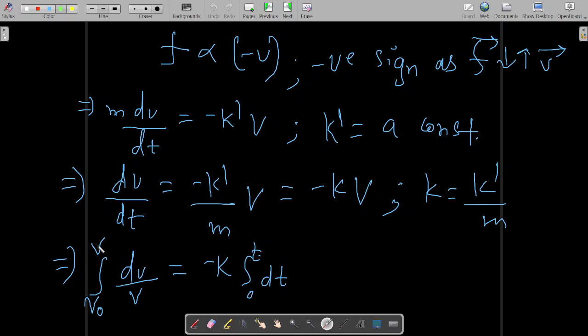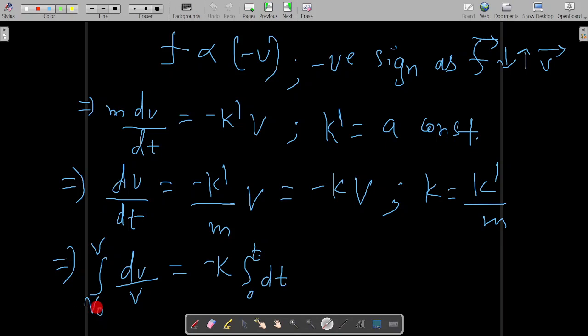Then integrate from v naught to v, dv by v. This v will come on the left hand side to become dv by v, and this dt will go to the right hand side. Initial velocity was v naught, final velocity is v, because the velocity was reduced by the resistive medium.